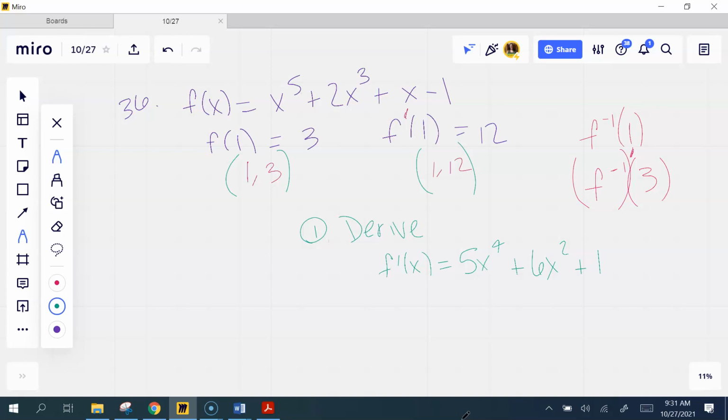All right, so here's what I want to do. If this is my point in my real-world original equation, what I'm really wanting to find, and I'm going to look at this one first, is the derivative of the inverse at 3.